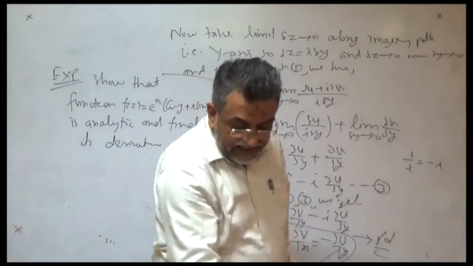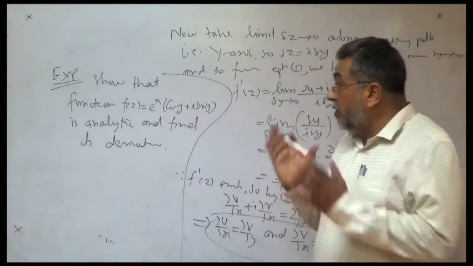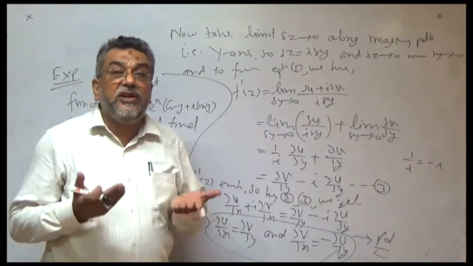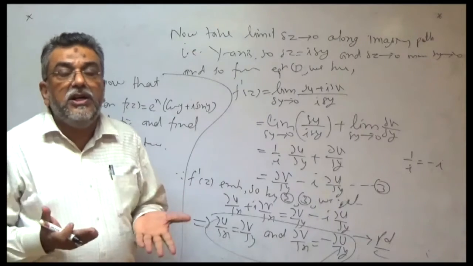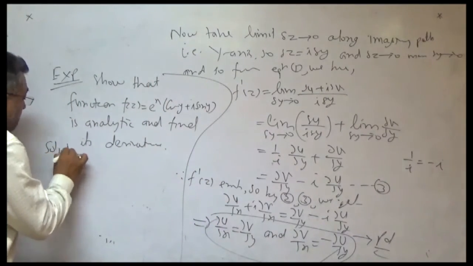If we take this example, then your concept will be more clear: if any function is given and you have to check whether it is analytic or not, then you can check with the help of CR equations. Take solution of this equation.